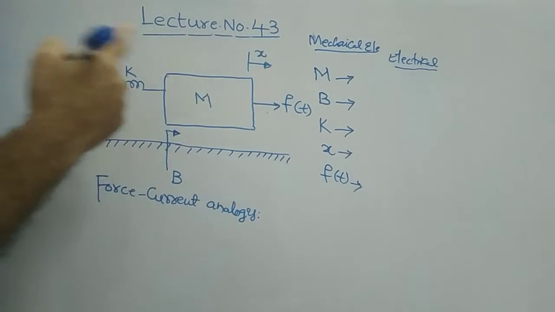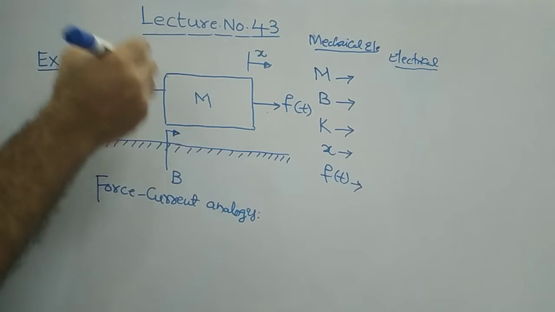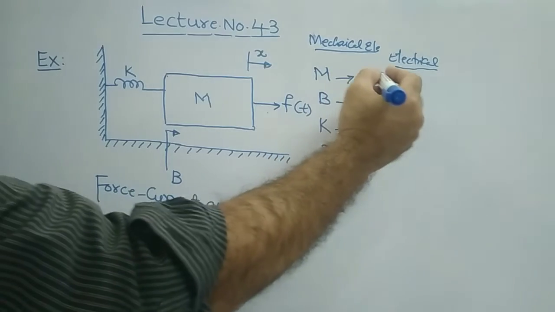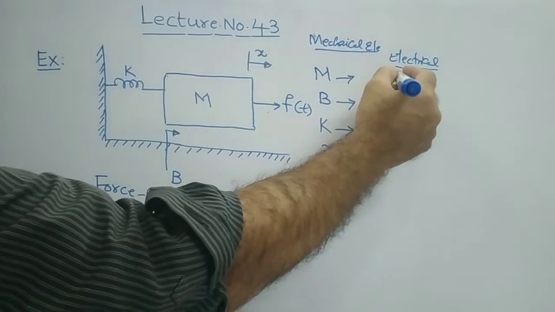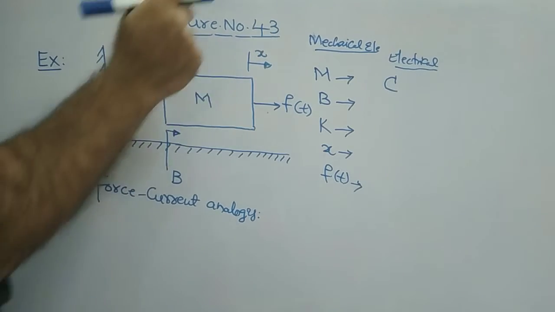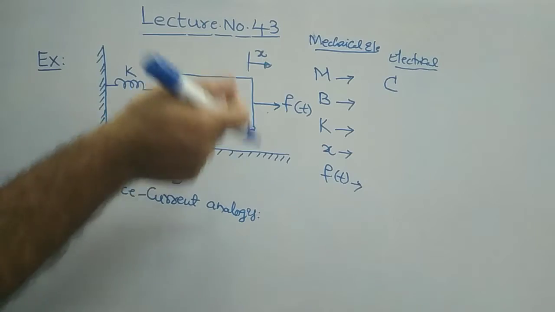In force voltage analogy, M is converted to inductance, whereas in force current analogy it converts to capacitance. The mechanical mass is equivalent to capacitance C in force current, remember that. So M is equivalent to the electrical element capacitance.